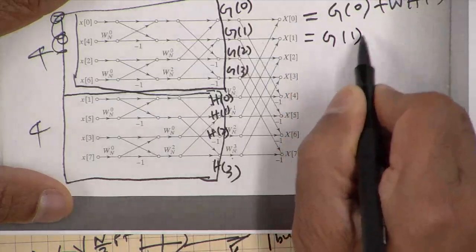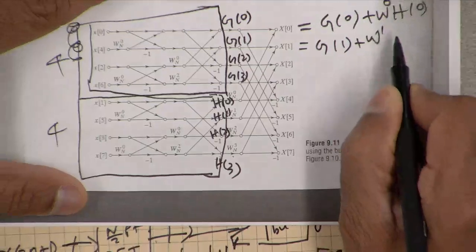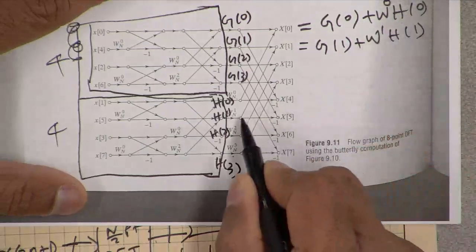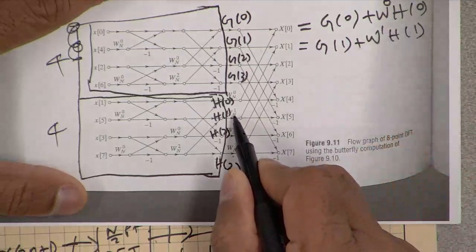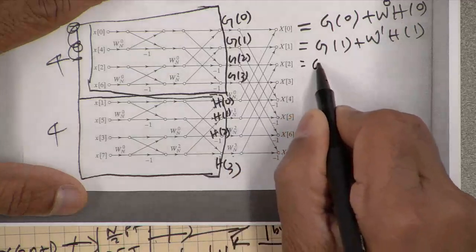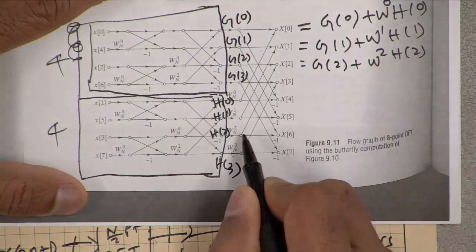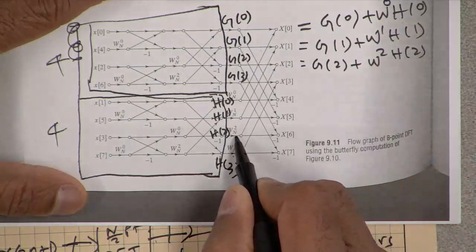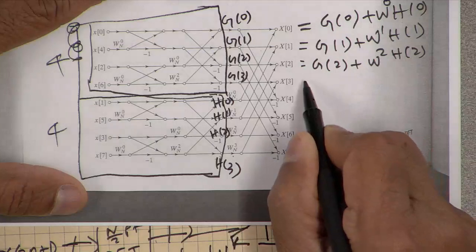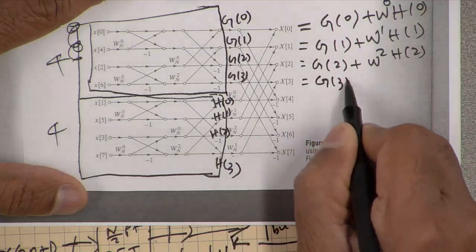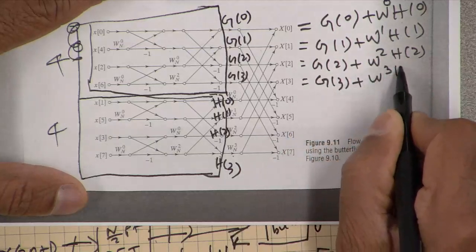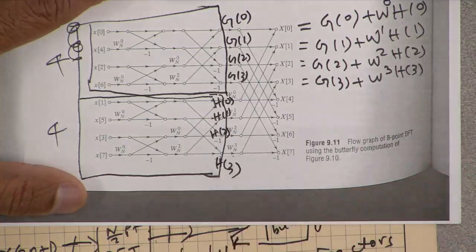X1 is G1 plus W to the power 1, H1, and that's this twiddle factor W to the power 1 right here. And this is G2 plus W squared H2, and that's why the second one from H was multiplied by W squared, and this is G3 plus W to the power 3 H3, and the last one is multiplied by W cube.